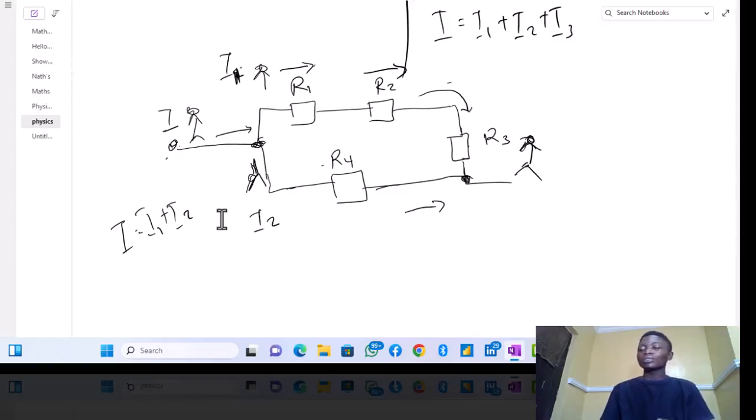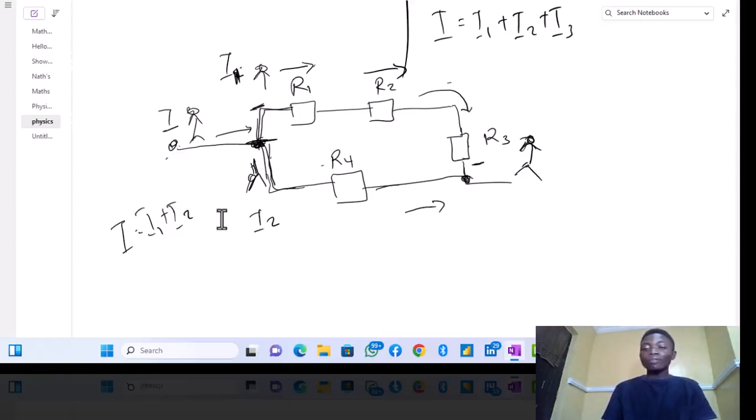So what does that suggest to you? Now, this guy divides at this junction. So that means everything from this junction up and everything from this junction down will be treated separately. But from R1 down to R3, the current that is passing through, which is I1, is not divided. So what does that suggest to you? From R1 down to R3, they are all in series.